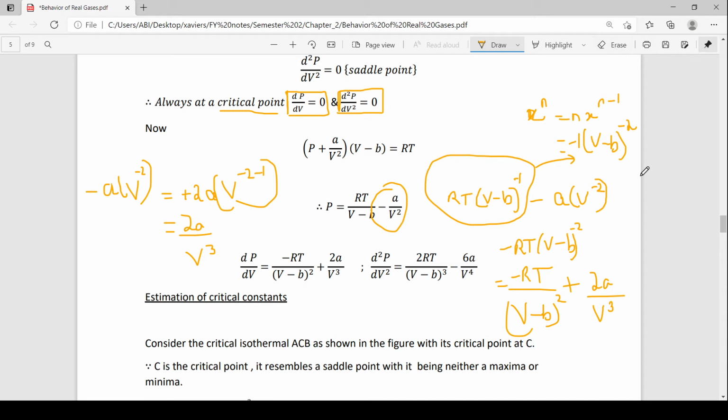Let us look at the double derivative now.